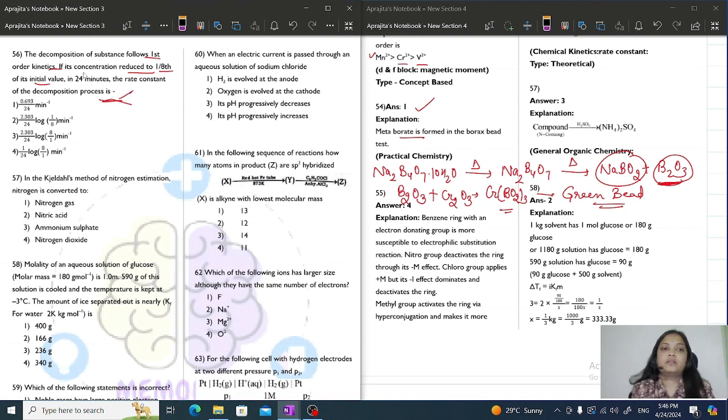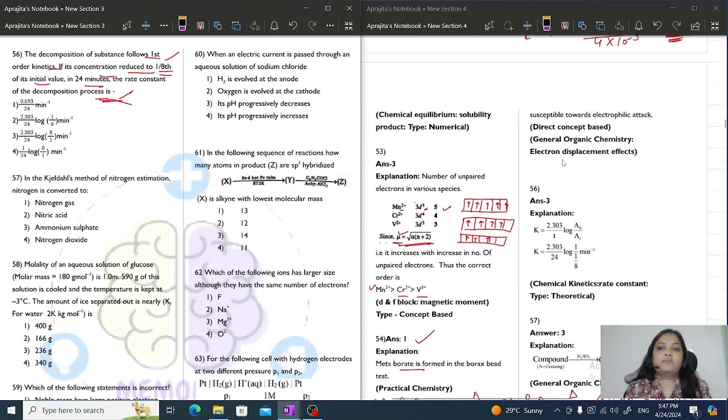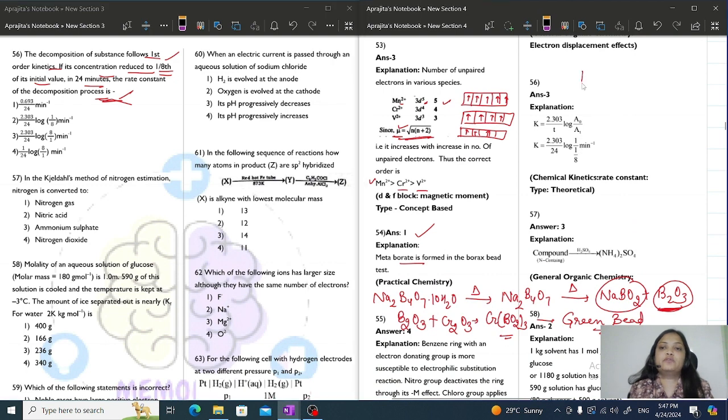Question number 56 is, the decomposition of a substance follows first order kinetics. If its concentration is reduced to 1/8 of its initial value in 24 minutes, the rate constant would be? Now if I look at the rate constant of a first order reaction, it would be 2.303 upon t log a naught, the initial concentration, upon a t, the concentration at time t.